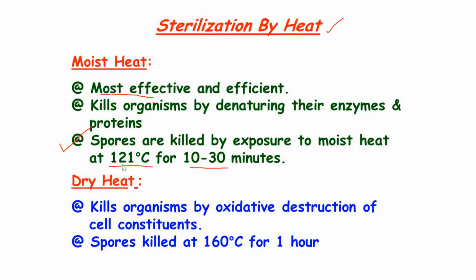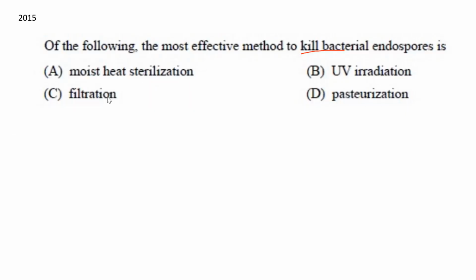But here you can see that within only 10 to 30 minutes all the spores are killed, whereas in dry heat we have to keep it for 1 hour. So in terms of effectiveness, moist heat is the most efficient in killing spores, in less time and at a lower temperature.